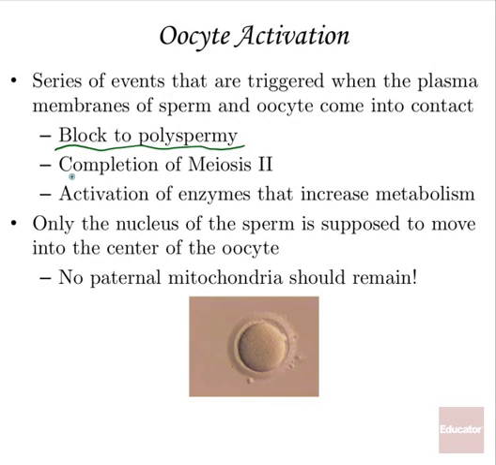Next thing, completion of meiosis II. So remember, a secondary oocyte is not quite a full-fledged ovum. It's actually arrested in meiosis II. So meiosis II completes once that sperm has entered, and then also activation of enzymes. And that increases metabolism.